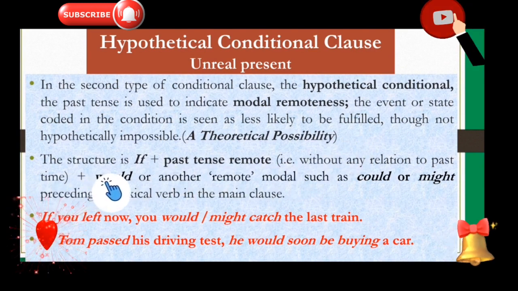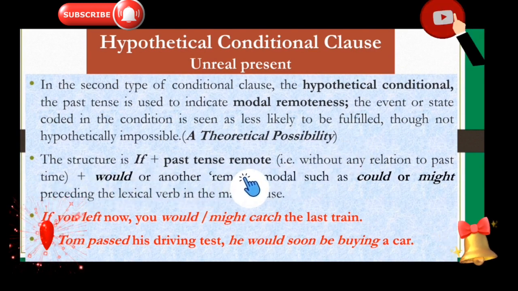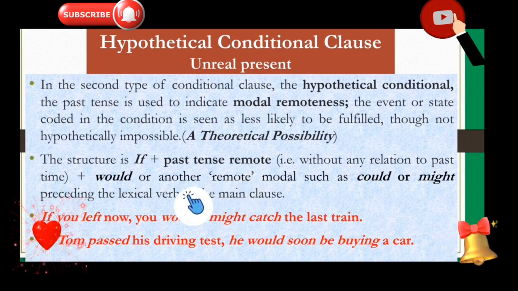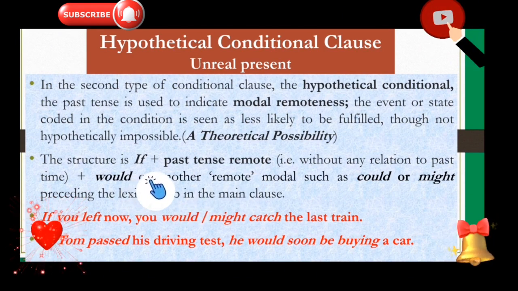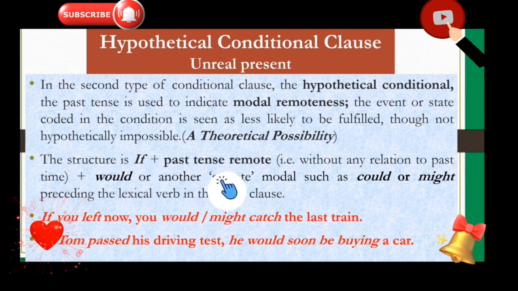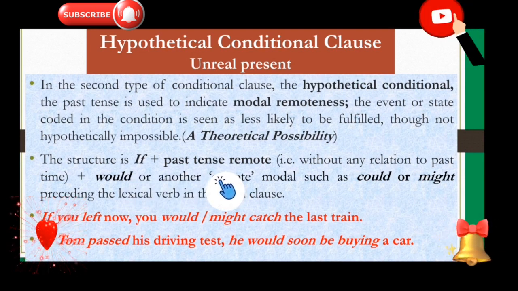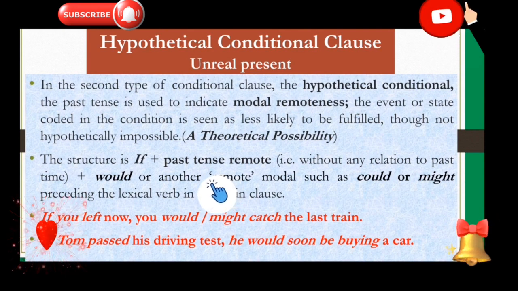So the structure is if plus past tense remote. So what is the structure? How to structure type 2 conditional clause? We use past tense in the if clause. But remember that this past tense does not refer to past. We use past tense, but it gives the meaning of present tense, right?